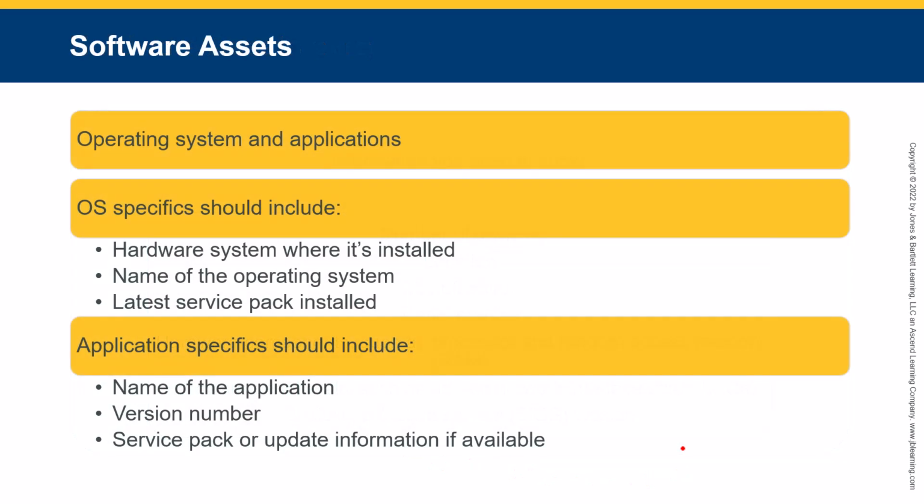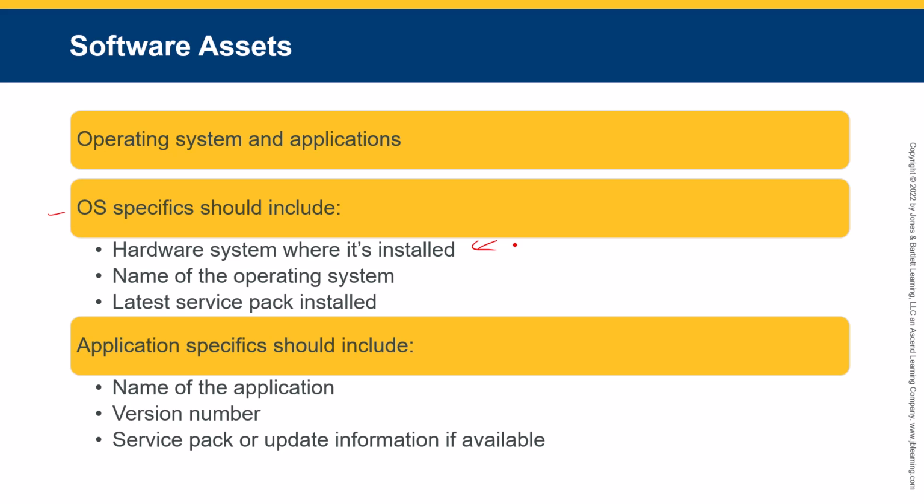Software assets. You can also define some of this within the software, but what applications are installed, versions of software, BIOS versions, operating system patches, operating system version by itself. When we're looking at OS specific things, it's looking at the hardware. Name of operating system, service pack, specific service number or release number.